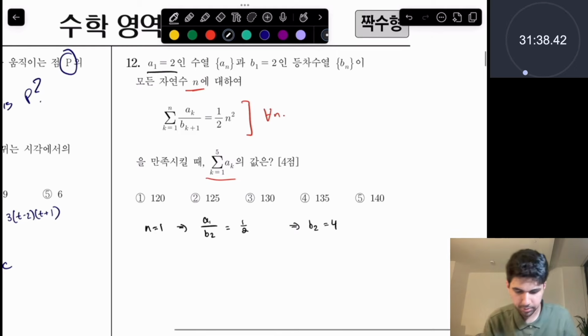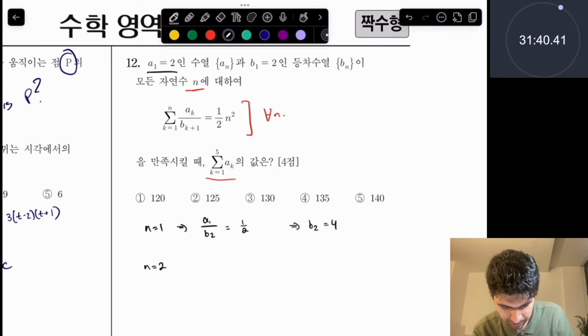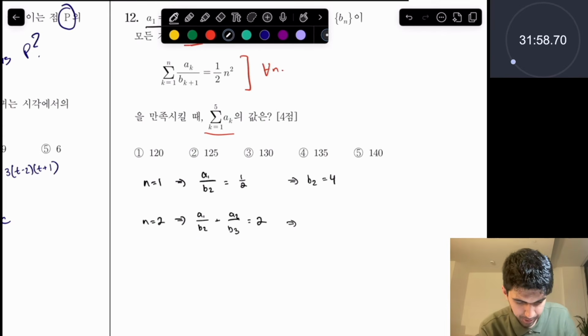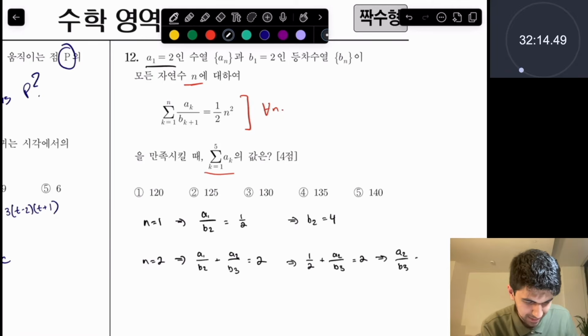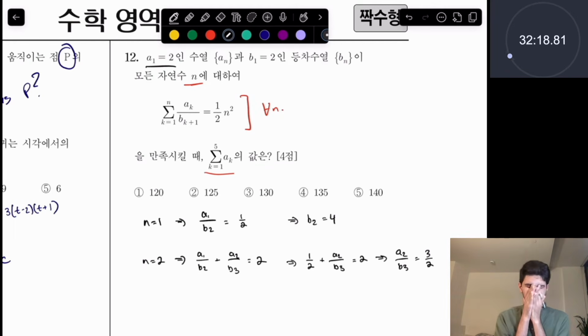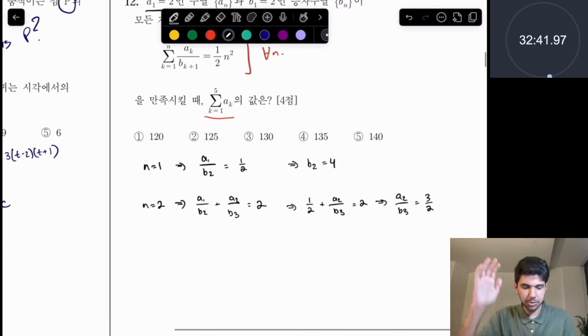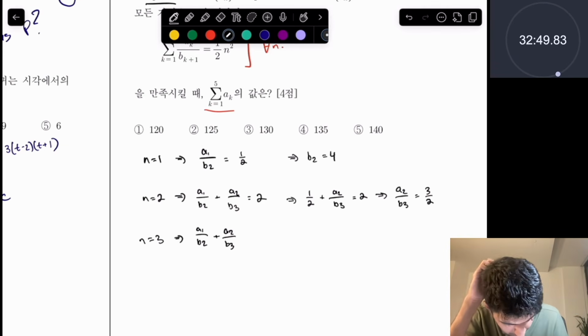Okay, fine. N equals 2 says that a2 over b3 is equal to 3/2. So let's just see what happens when we try n equals 3.